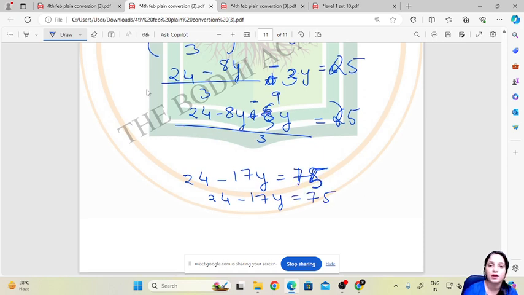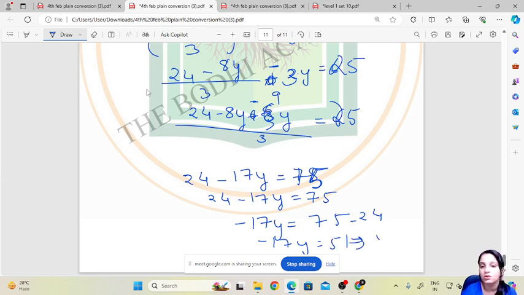Which is 75 minus 17y equal to 75 minus 24, which is 51. So y will be equal to 51 upon minus 17, which is minus 3.